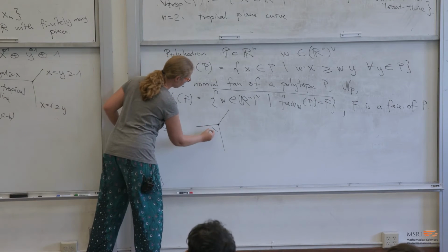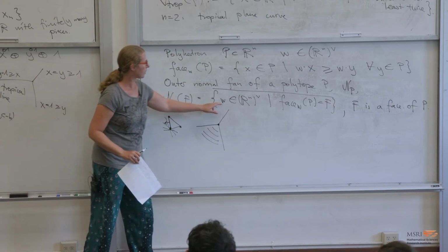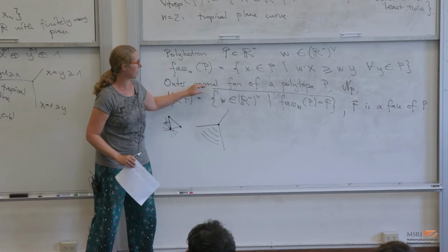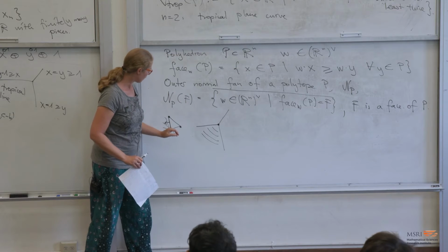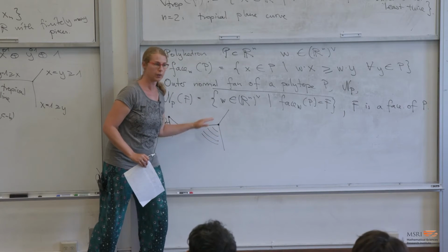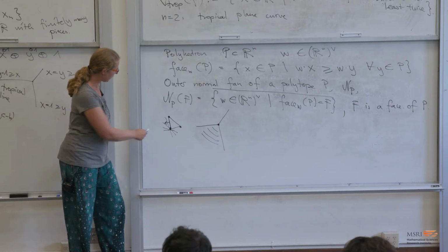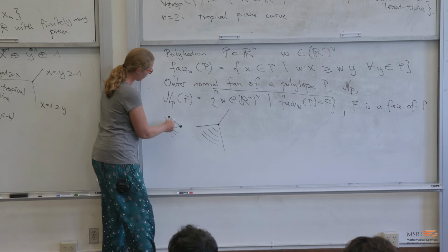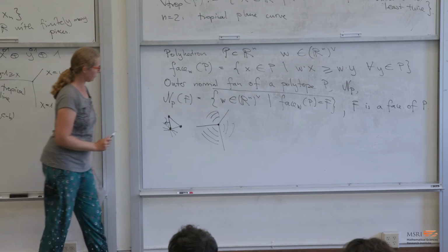So the whole interior of this two-dimensional cone would be this thing for F being the vertex, without the closure. But I said already I want closed cones, of course. So I throw in the two boundaries of my open cone, the two rays and the point, and then I have a closed cone for this vertex here. And analogously for the other two faces, I get those two cones.